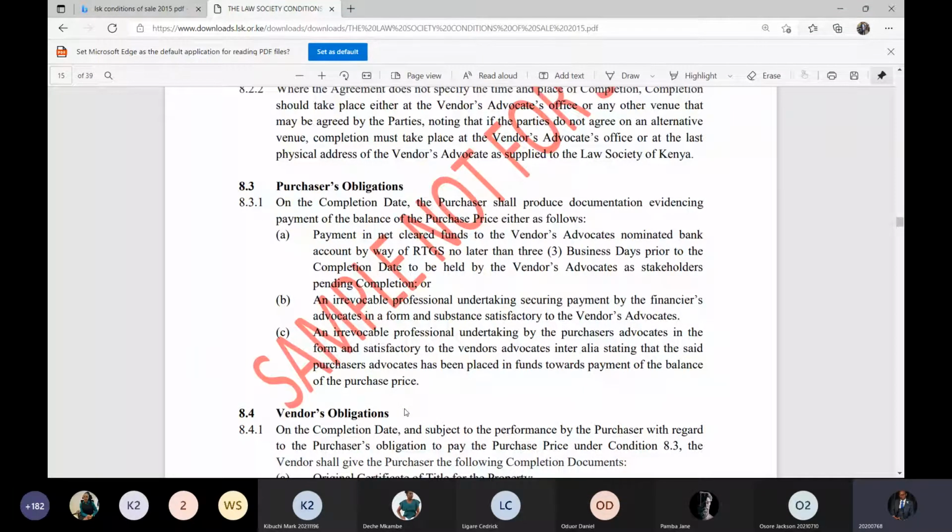Now you see, professional undertaking being binding, the vendor once receiving it will know that, okay, even if I release my title documents, they will clear the funds after registration of the transfer and also the charge.